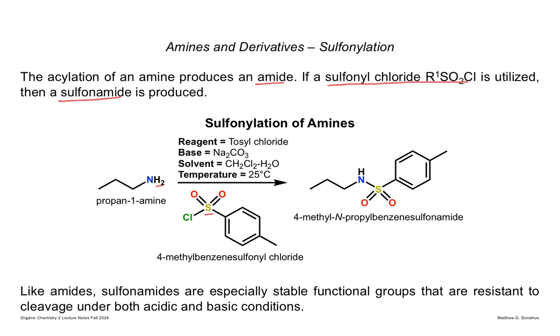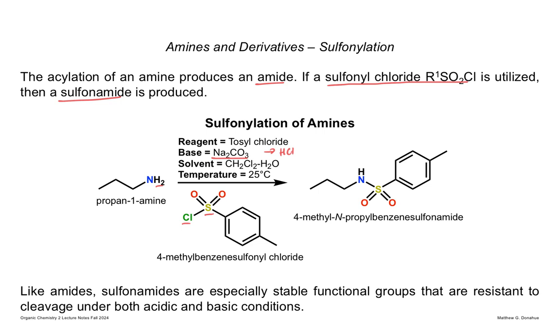We have an H and a Cl. So we generate HCl that's neutralized by the base. And then we're forming this functional group, N bonded to sulfur, which has these bonds to oxygen, so that's called a sulfonamide. And sulfonamides are stable to physiological conditions, acid-base conditions as well.